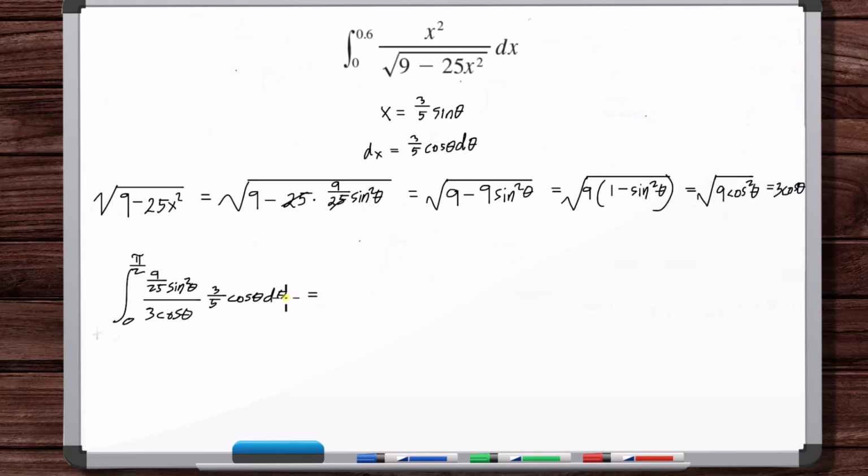So let's see what we've got here. This cancels, this cancels. All right, so 9/5, we could bring out a 9/5, and then sine squared theta d theta.